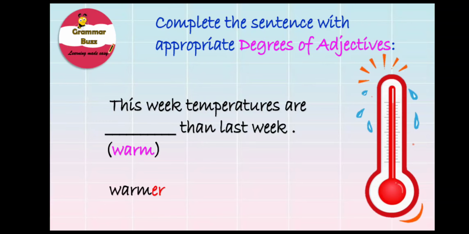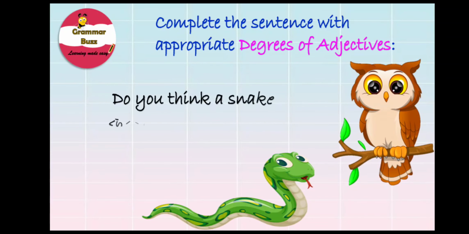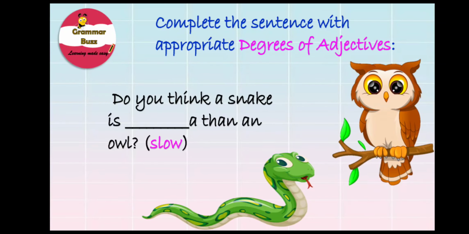Excellent. Here comes the next one for you. And it says, do you think a snake is dash than an owl? And your positive degree of adjective is slow. What could be the correct degree of adjective that you would use in this sentence? Can you find it out for me? Yes, you're right. It is slower. Good job.